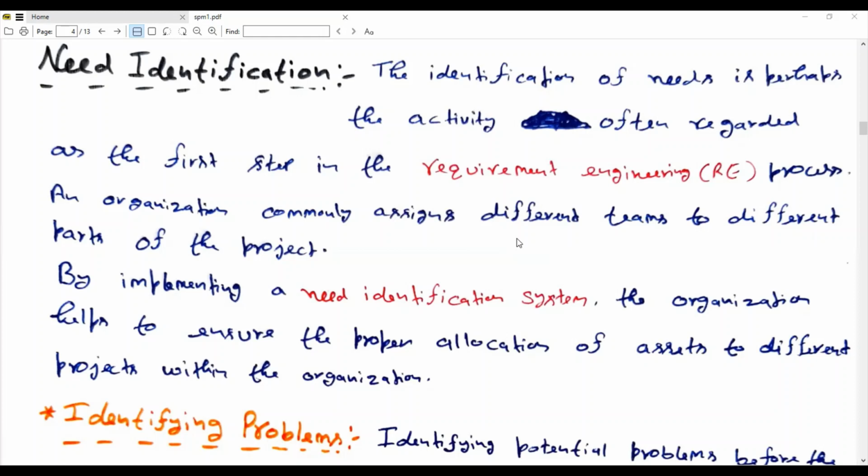In this process, we identify the needs, what the requirements are, and what the size of the team will be. This helps ensure the proper allocation of assets to different projects within the organization.